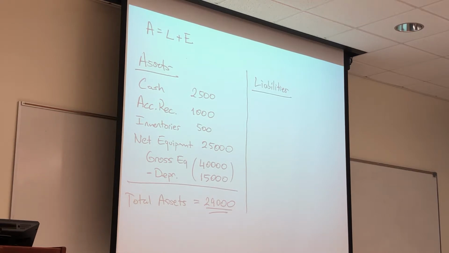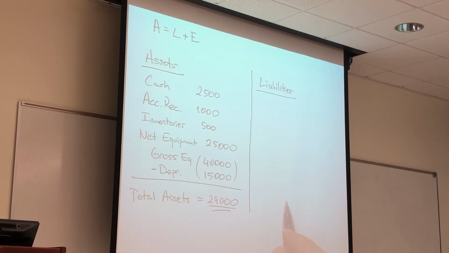Liabilities. So again, from the most liquid to the least one. So the money that we owe to people, accounts payable, right? And then the money that we owe to the banks, which require more legal action and all that stuff going on. Loans. Let's see.